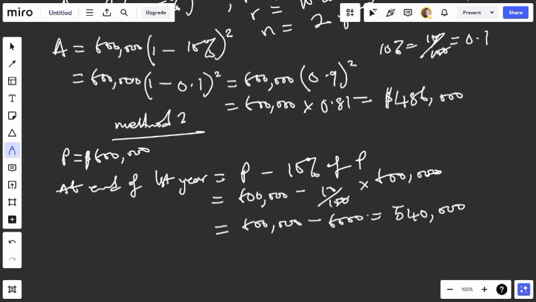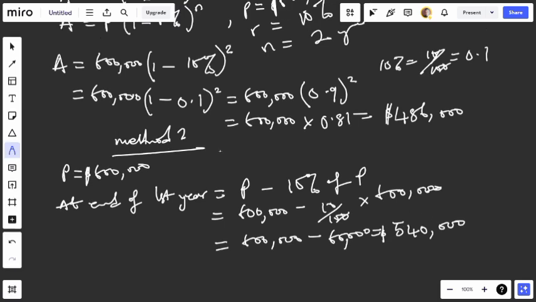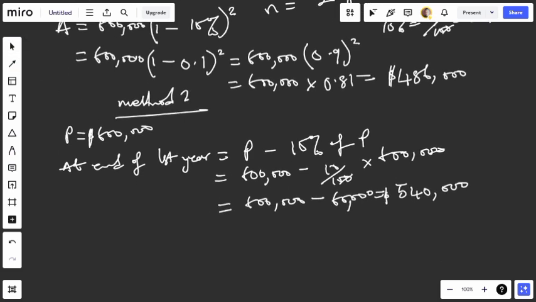So this is 600,000 minus 60,000, so that's 540,000. So by the end of the first year, the value of the car will depreciate to $540,000. So let's do it for the second year.